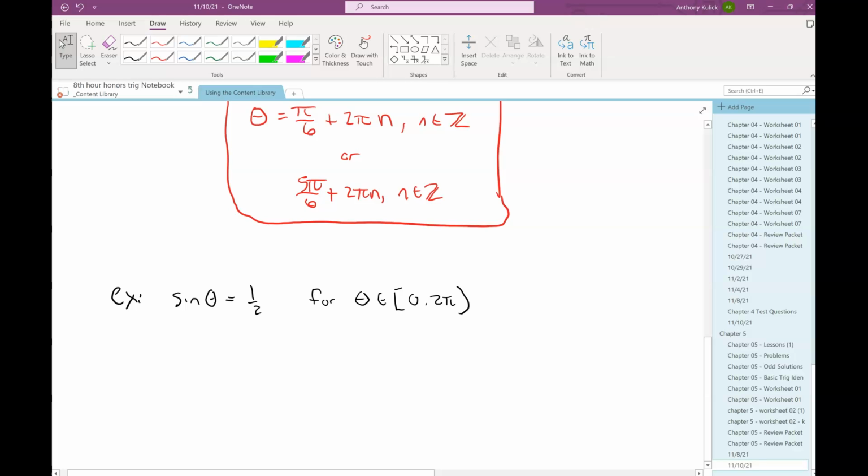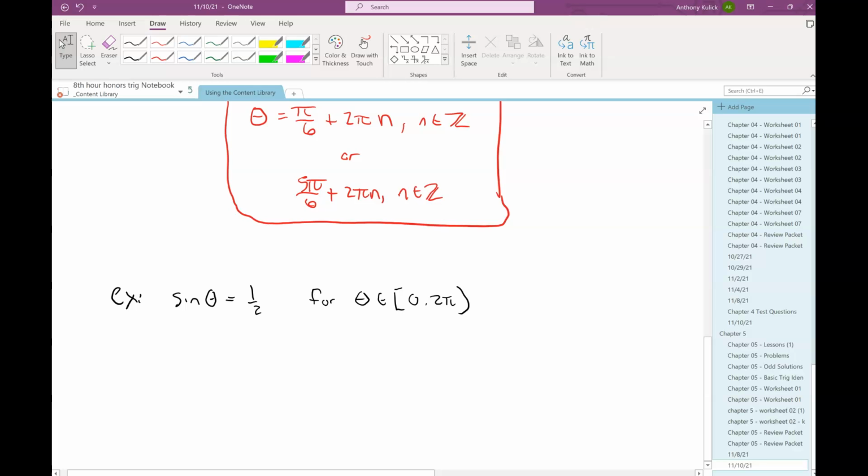So here, depending on what that interval is, can we have more than one answer? Yes. In fact, if my interval is 2 pi long, should I be expecting more than one answer? Yes. If you're more than one full time around, you're going to run into that value more than once on the unit circle, right?